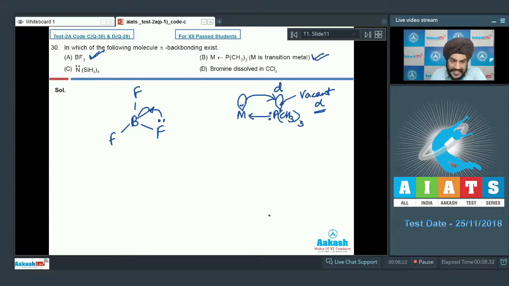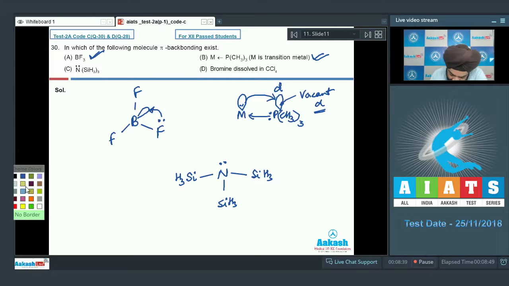Let us look at option C. So we have trisilylamine, N(SiH3)3. In this case also, students, there is a vacant d orbital present over silicon, and there is a lone pair of electrons over nitrogen.